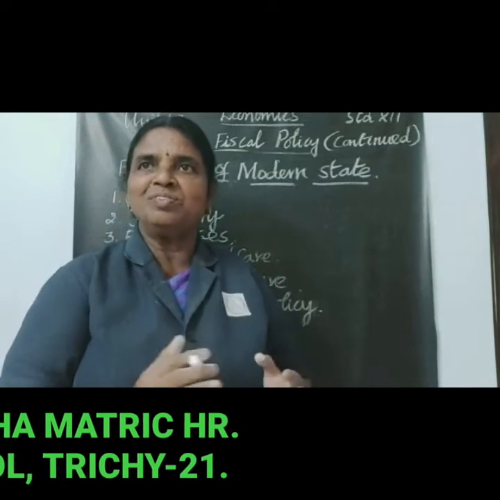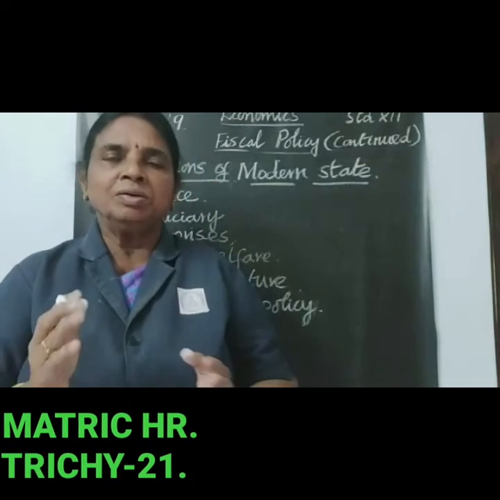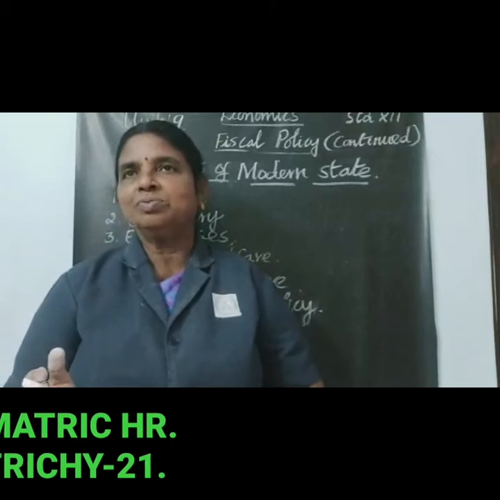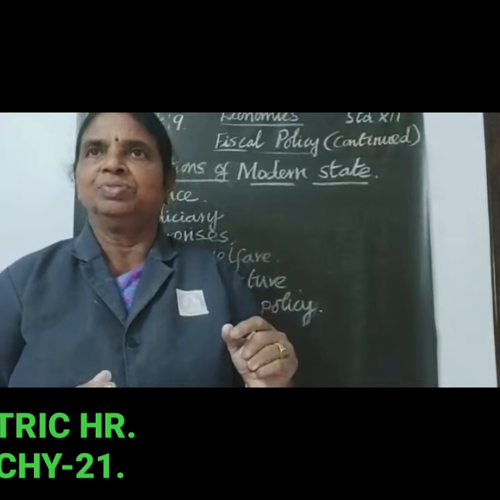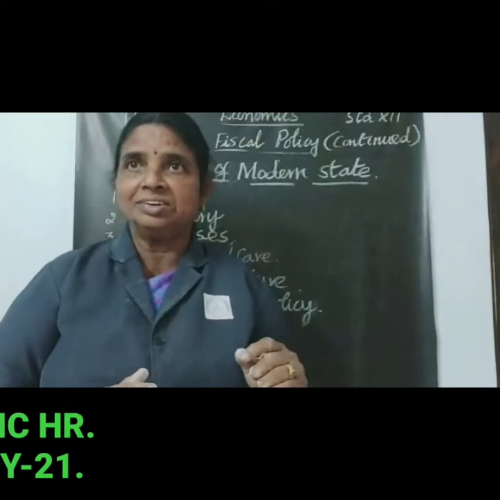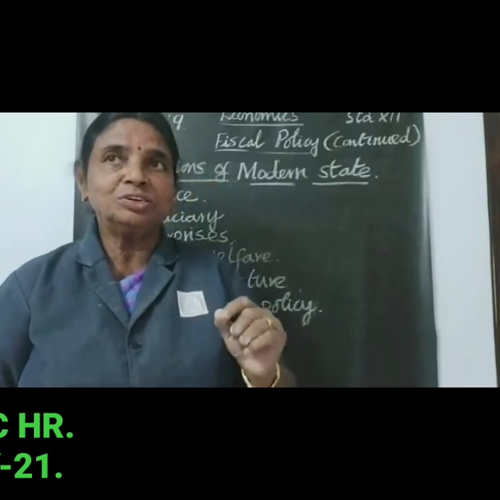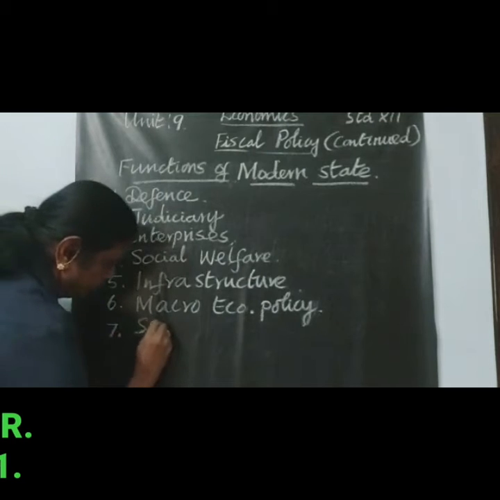By administering fiscal policy and monetary policy, it can achieve macroeconomic goals. And the seventh important function of a modern state is obtaining social justice.